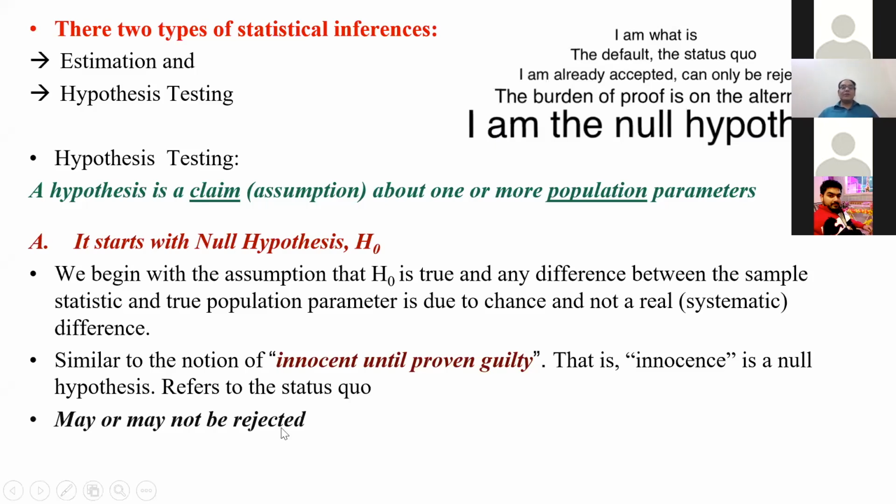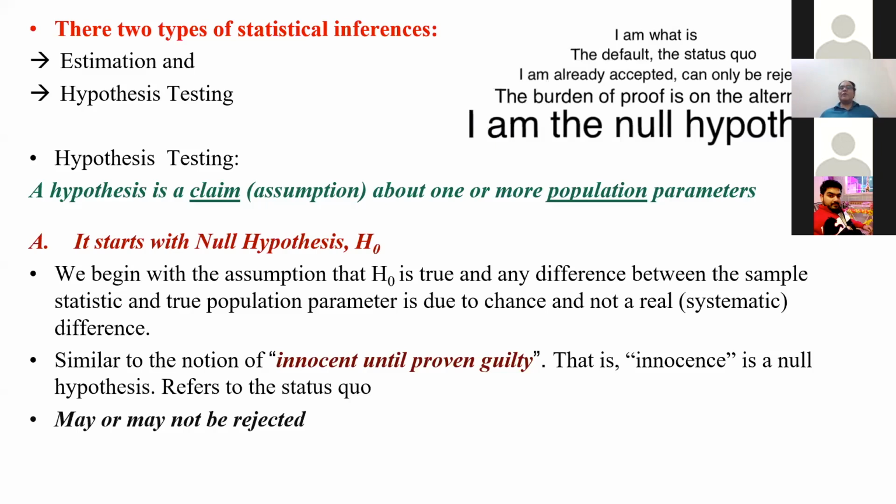There is a concept called innocent until proven guilty. For example, if we say that the performance of young people is equal to middle age group is equal to old age group, so it is neutral, right? Now, as a researcher, by collecting the data by observation, if we want to prove it wrong, then we can challenge this hypothesis, right?